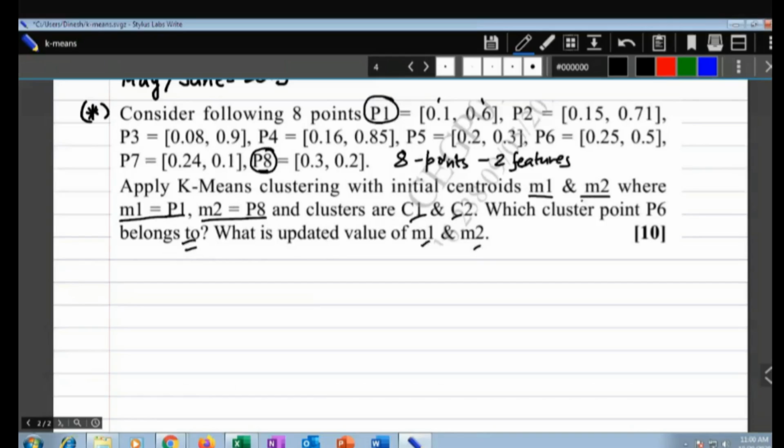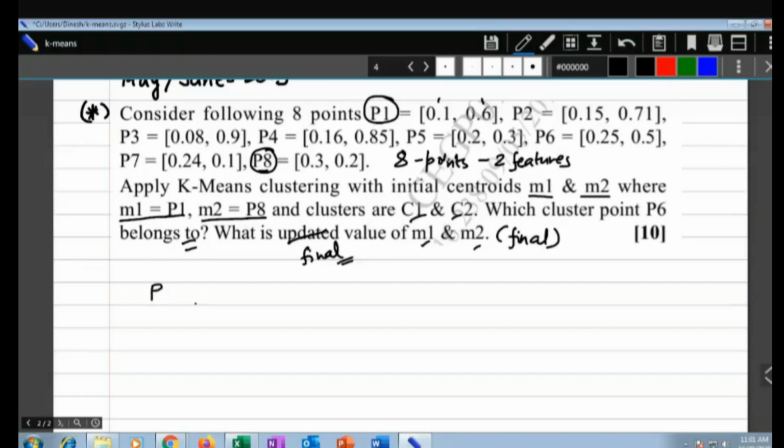Here it is asked where P6 will belong and what is the final value of M1 and M2. So that you will have at least the breaking condition that M1 and M2 will not change. Okay, so how will you do it?